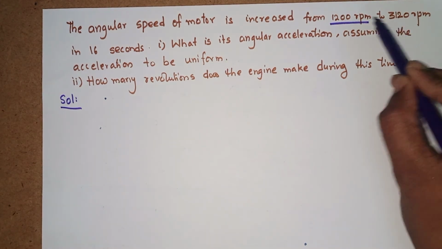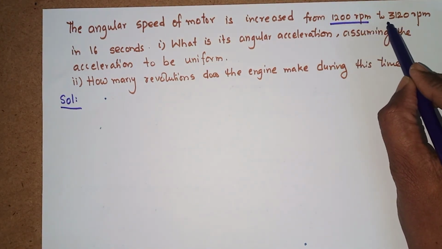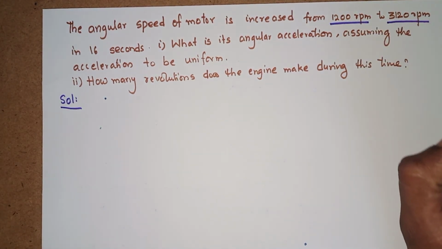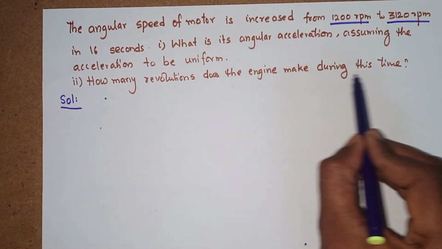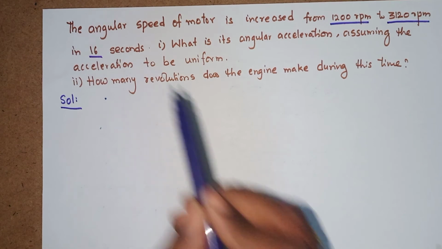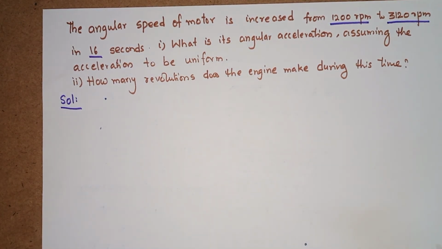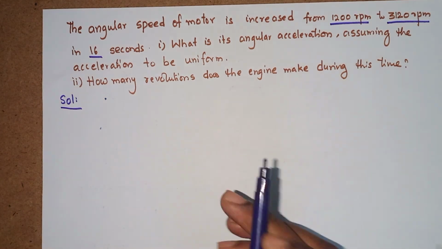Then 1200 rpm increases to 3120 rpm in 16 seconds. In a small time the angular speed has increased. What is its angular acceleration, taking alpha to be constant or uniform? How many revolutions does the engine make within this 16 seconds?